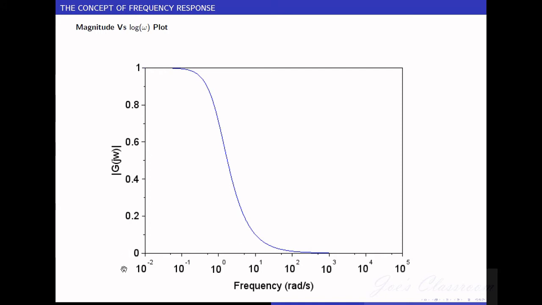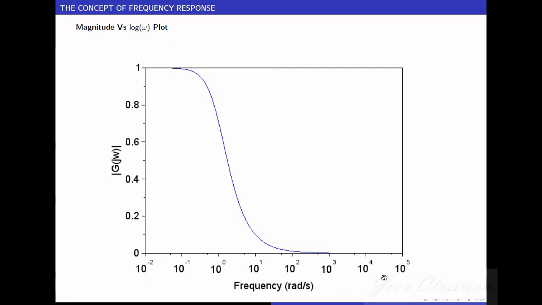I can even take the starting value as 0.001, that is 10 power minus 3 also. In that case, the first value will be 10 power minus 3, and then 10 power minus 2, 10 power minus 1, 10 power 0, 10, and it goes on.